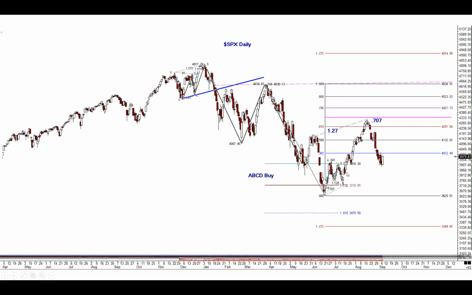All right, here, rallied up to just about that 0.707. We take the swing high to low, and it's also a 127, so resistance there. And using other technical analysis tools, we could find other means of resistance in this price level as well.